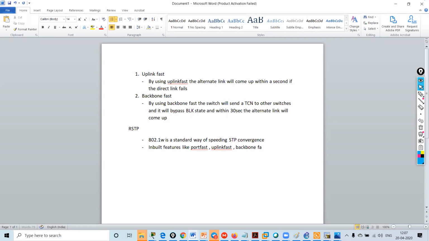So what we need to do in STP, we were using these extra commands to optimize STP, but they are inbuilt features in RSTP. Understood?